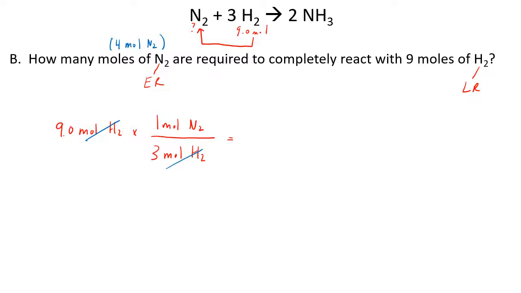Our mole of nitrogen is in the numerator, and that means that 3 moles of nitrogen will react. As we expected, we got a number that was less than 4 because we knew that nitrogen was our excess reactant. So really we only needed 3 moles of nitrogen to react completely with the 9 moles of hydrogen that we had.